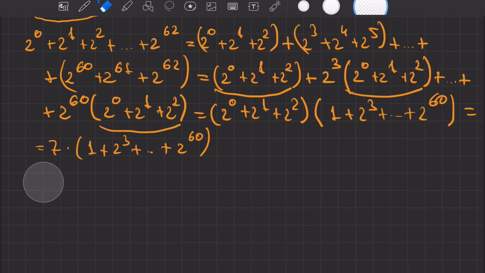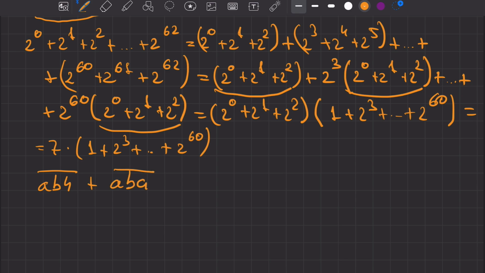So we get that AB4 plus ABA plus A1B equals, as this is a 3-digit number, for all of them the first one is the hundreds, this is the tens, and this is the units.